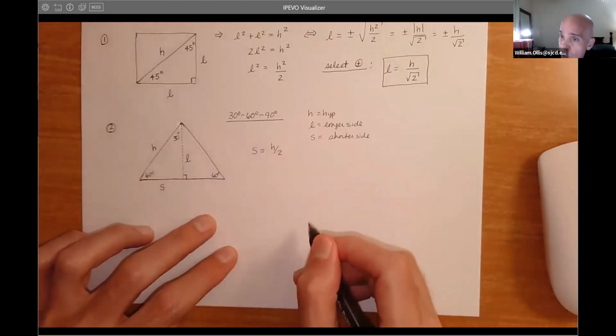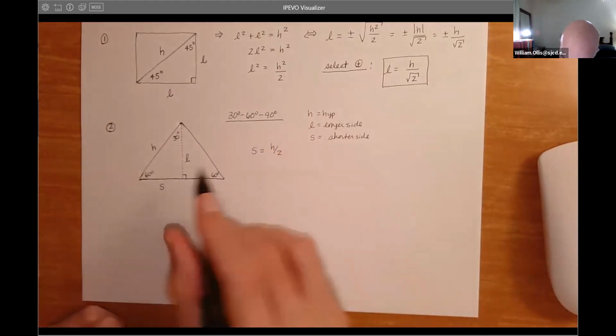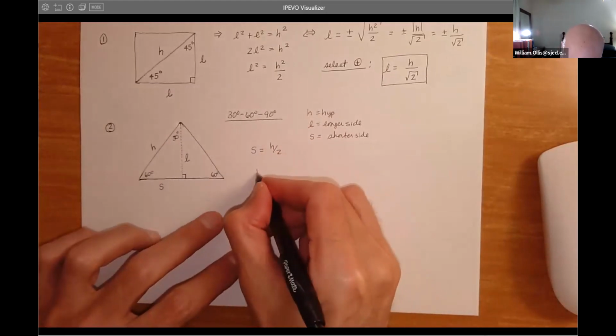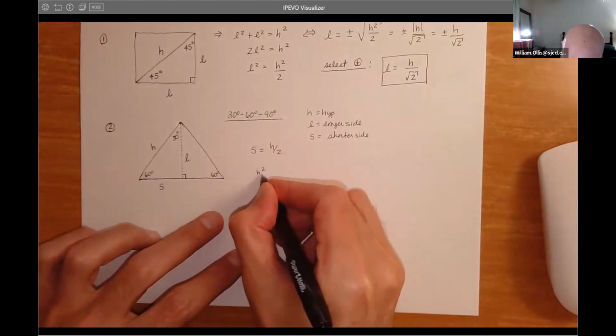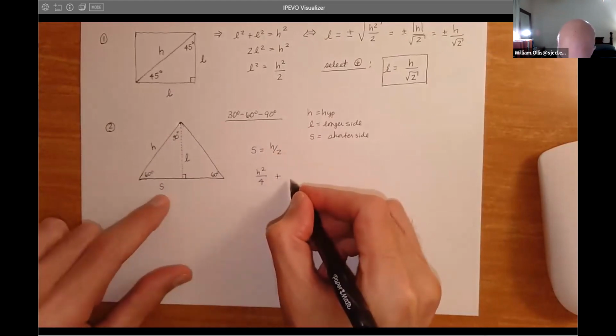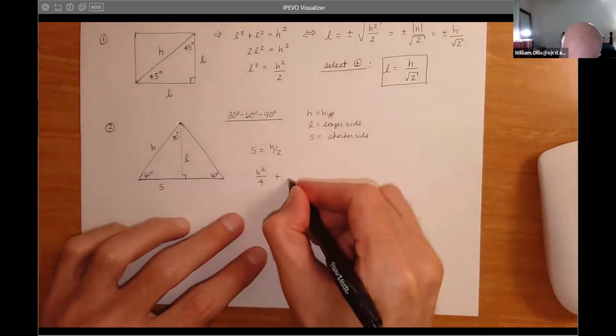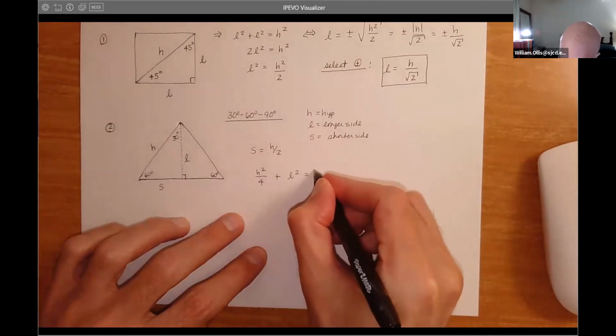We get that for free. So that's easy. And then, of course, by the Pythagorean theorem, we can just say H squared over 4 plus, again, S squared is H squared over 4 plus L squared equals H squared.